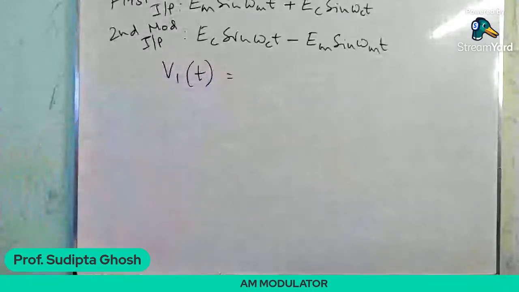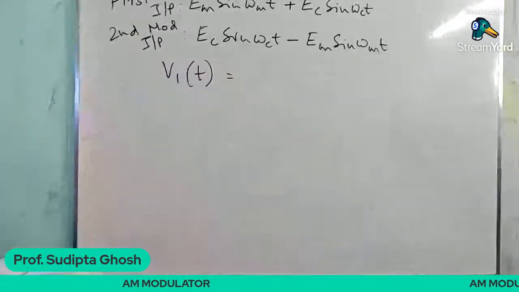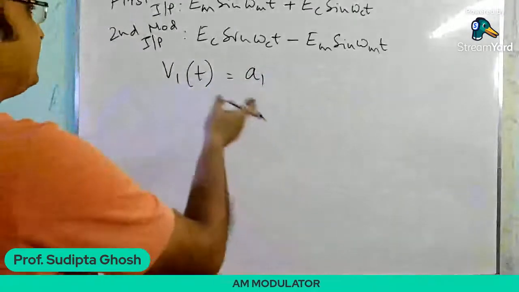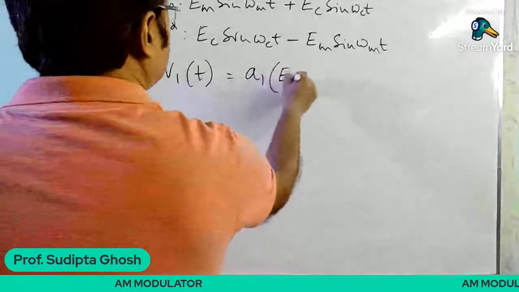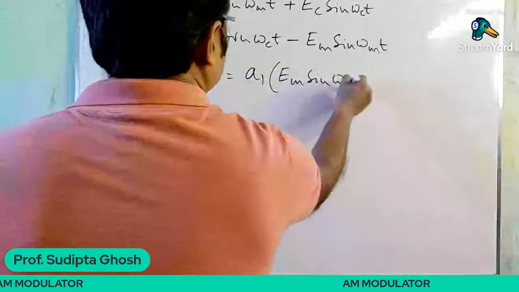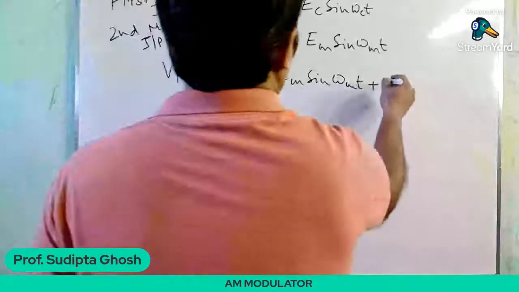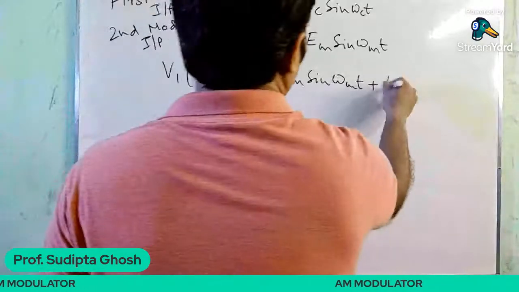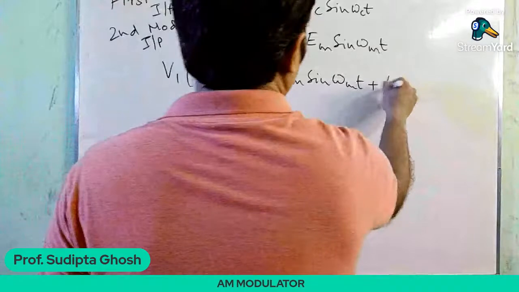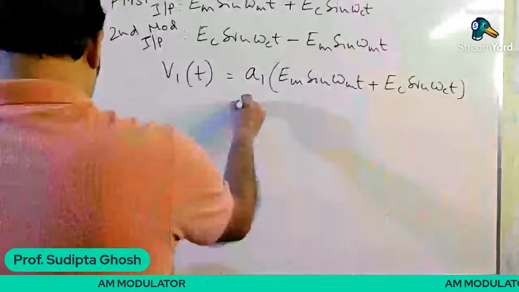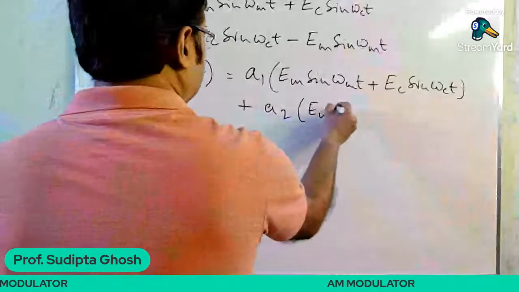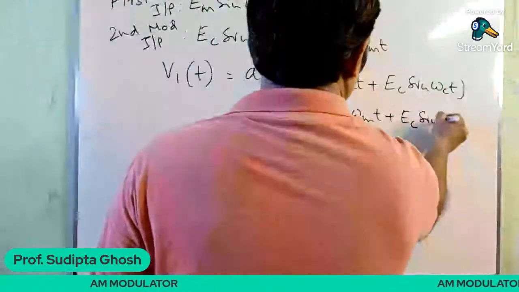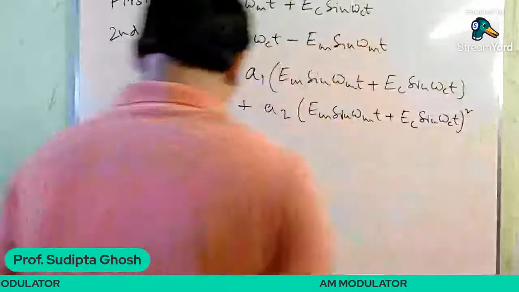Let it be the output of the first modulator circuit, and it will be A1 into the input voltage, that is Vi(t). So it will be A1 (Em sin ωmt + Ec sin ωct) plus A2 (Em sin ωmt + Ec sin ωct) whole square.